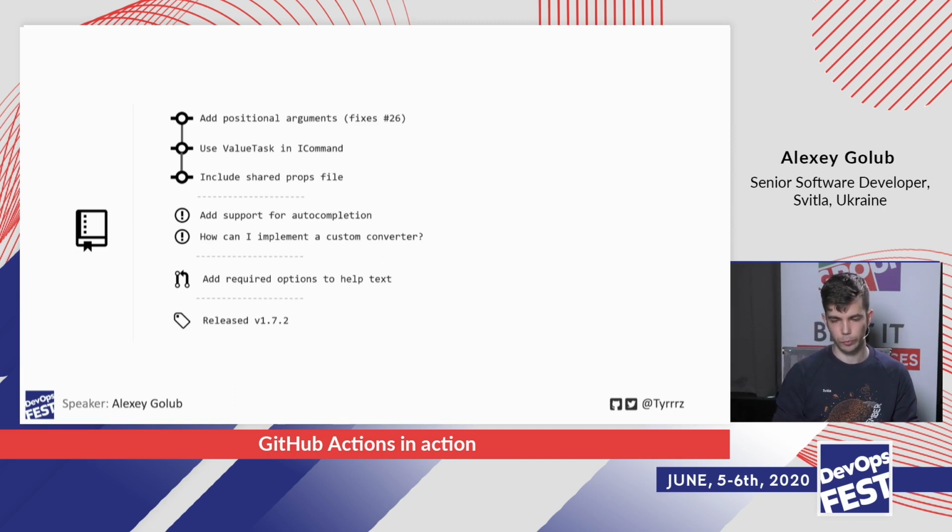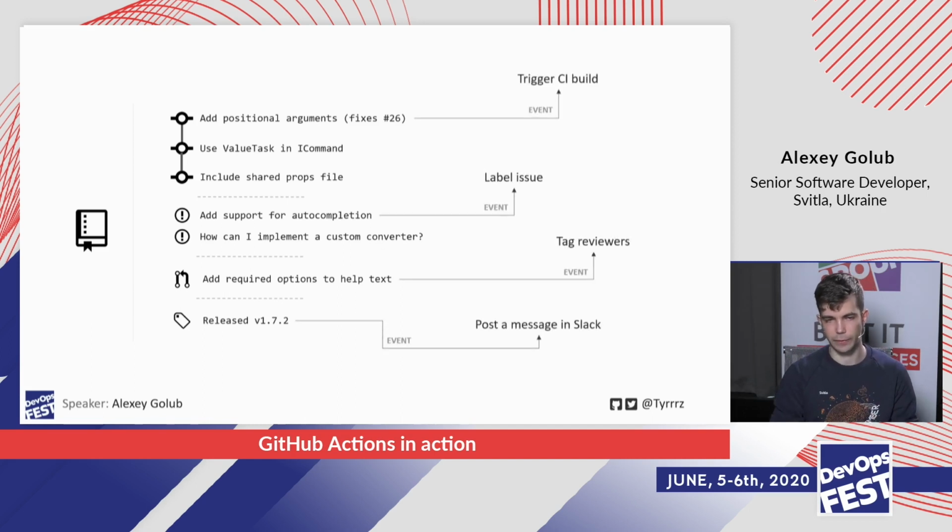Whenever somebody makes a pull request, that's an event. Whenever someone makes a release, that's also an event. And there are a lot of different types of events in GitHub, so you can think of a lot of different examples. But the idea here is that for each of those events, you can sort of connect to it and set up a trigger that would run some actions based off of that event.